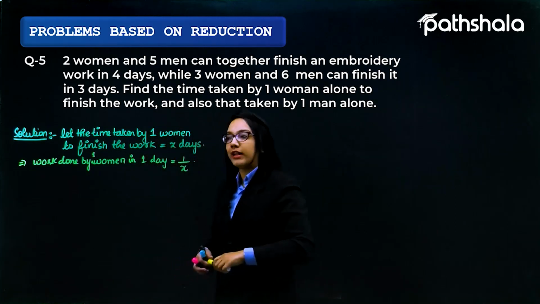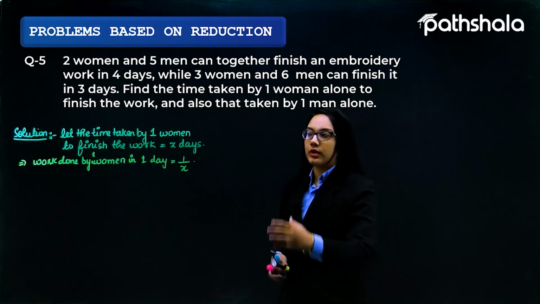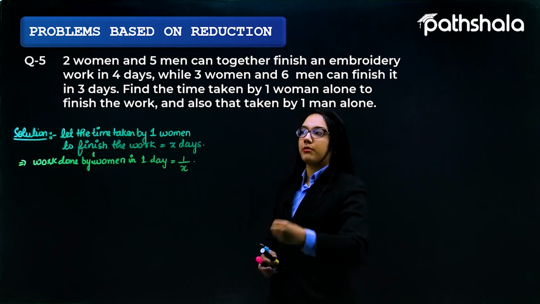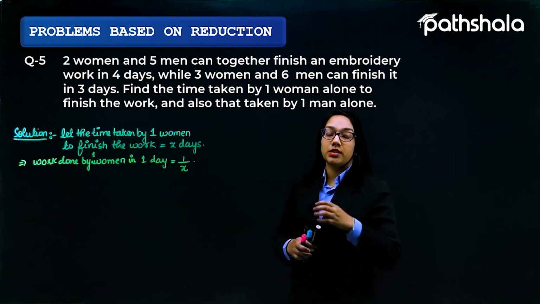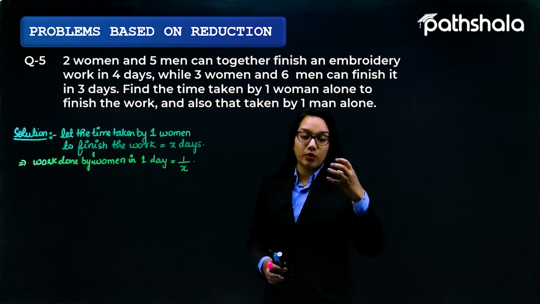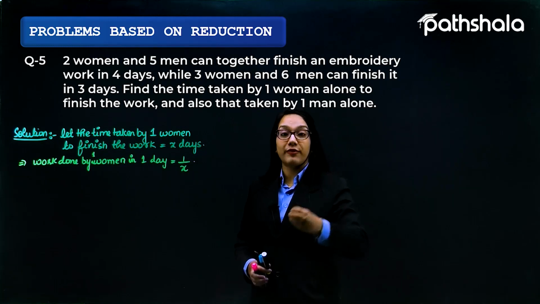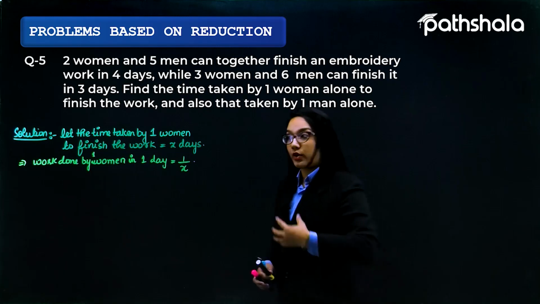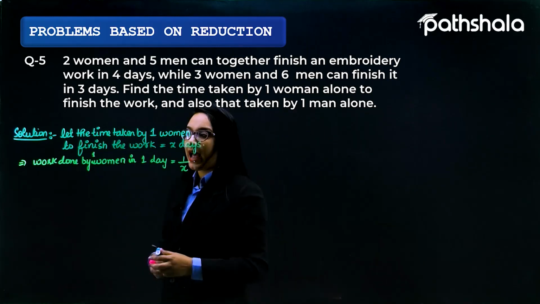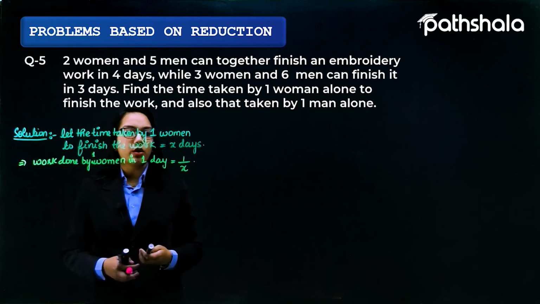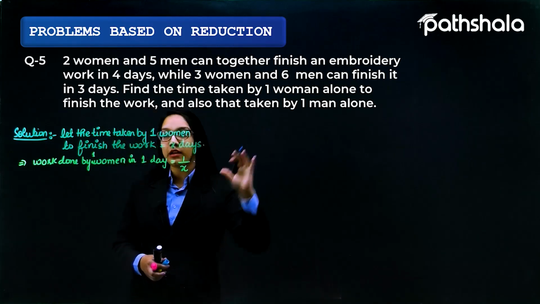Because the time taken by 1 woman to finish the work is x days in total, her work efficiency in just 1 day is 1 by x. Similarly, let's talk about the work done by the man alone.